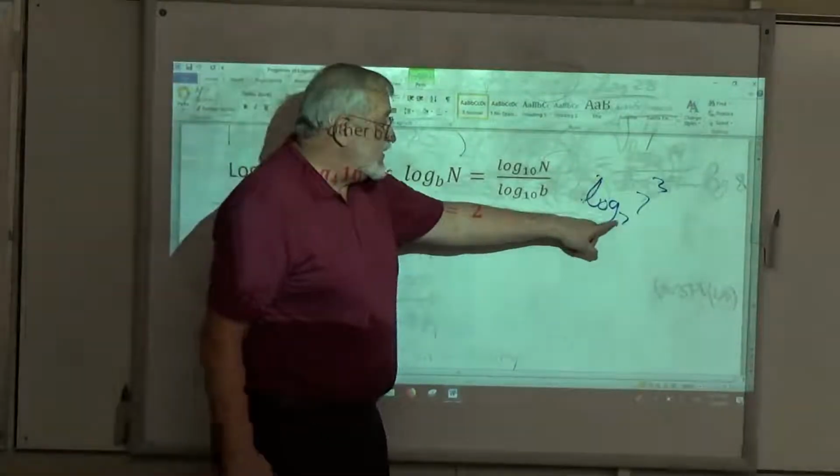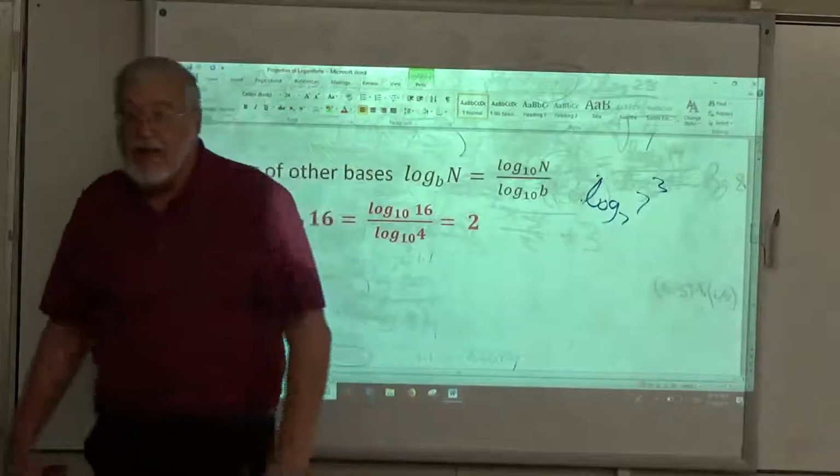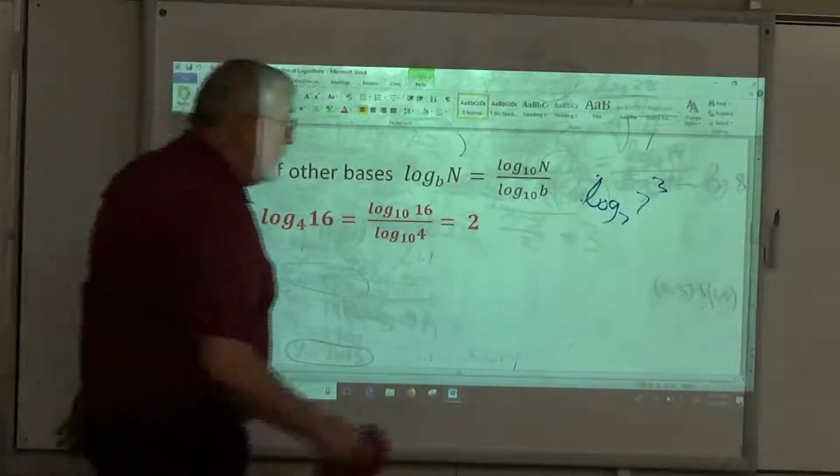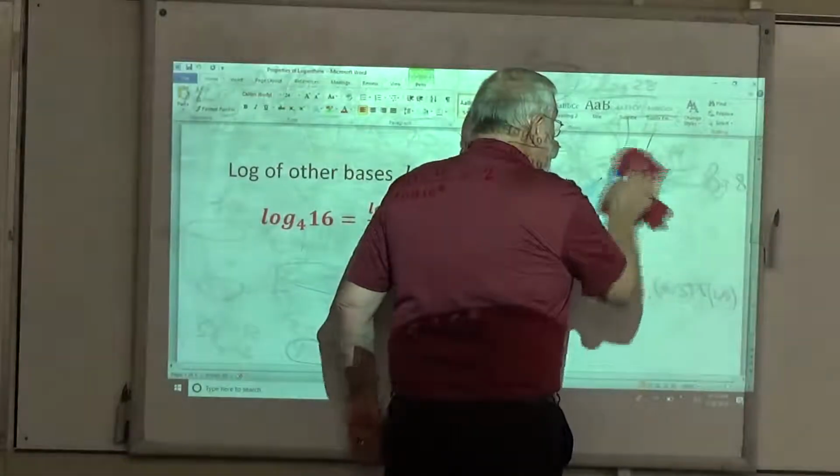Whenever this and this are the same value, they cancel out to a 1, and so this becomes 3. And there were several problems where that makes sense.